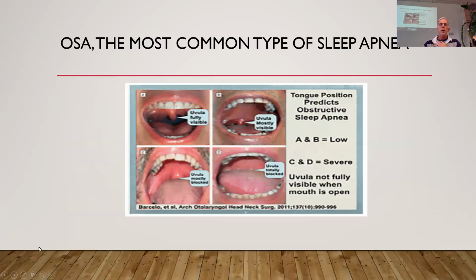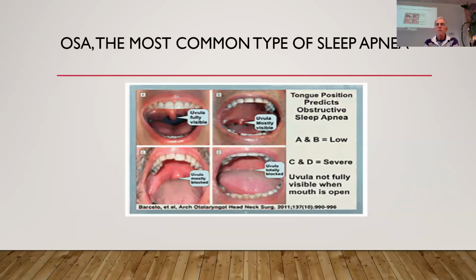All right, here's something that I never quite thought of, but it makes sense to me. And this is OSA, obstructive sleep apnea. You'll see that abbreviation used commonly. If you look at these 4 pictures, you can actually see the back of the throat and the uvula, which is that spot in the back of the throat that dangles from the roof of your mouth.